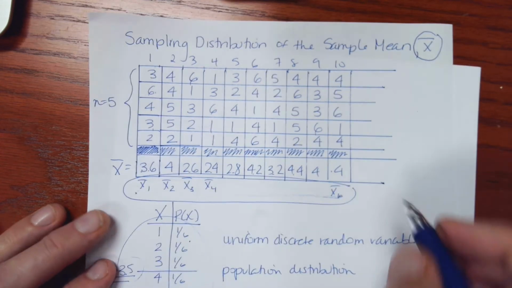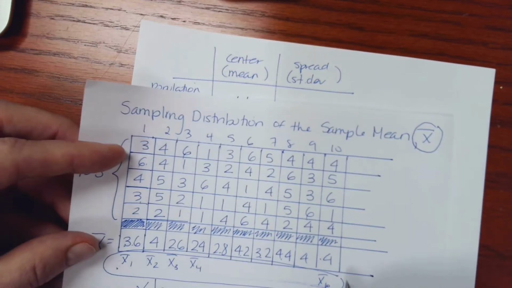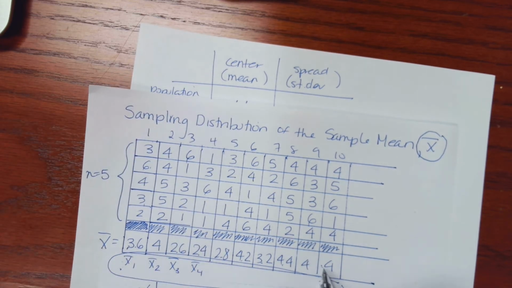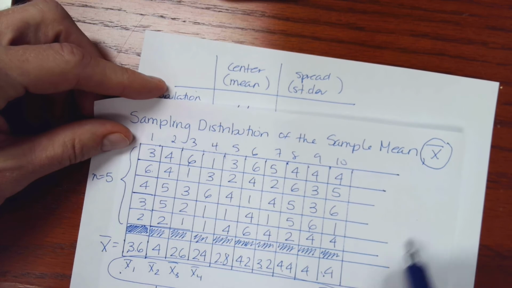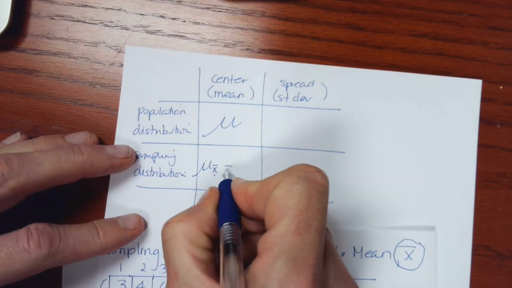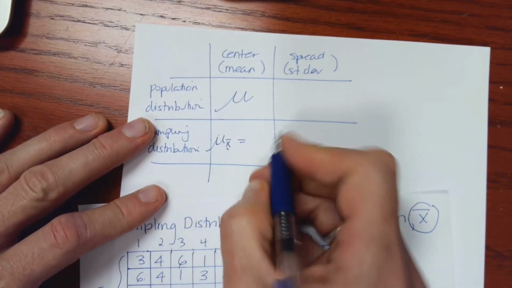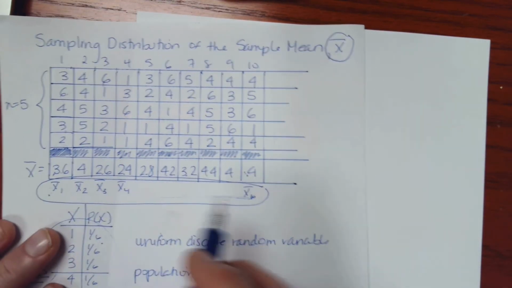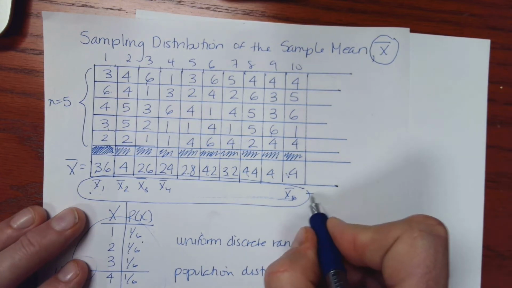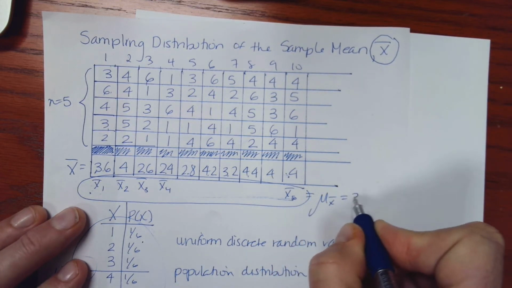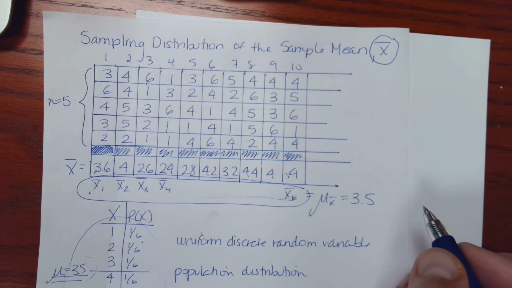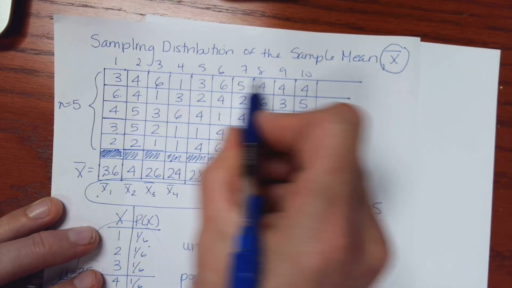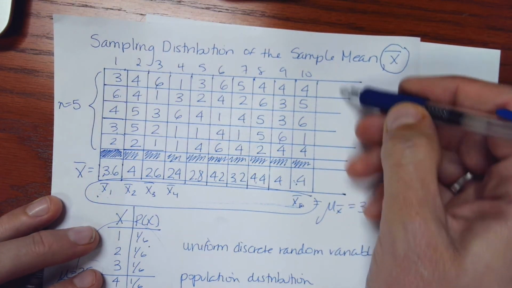It may or may not surprise you to know that those two things are going to be equal. When you average these averages, you get your population average. So the mean among the sample means equals your population mean. I would expect, in this example, when I take the mean of these x bars, to get 3.5, just as I would if I had many iterations of the experiment where I'm rolling a die and keeping track of the outcome.